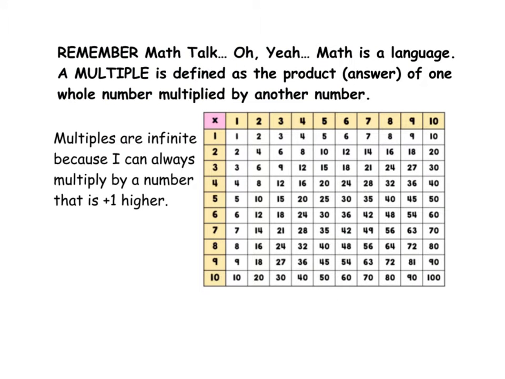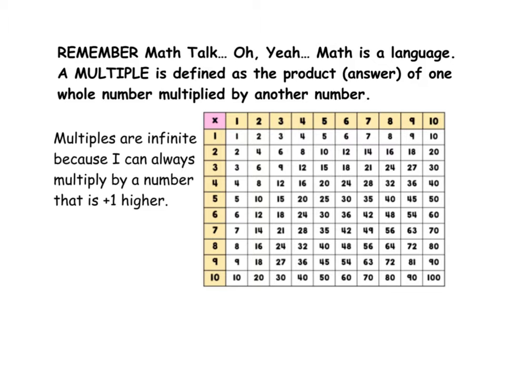Remember Math Talk. A multiple is defined as the product or answer of one whole number multiplied by another number. Multiples are always infinite because I can multiply by a number that is one higher.